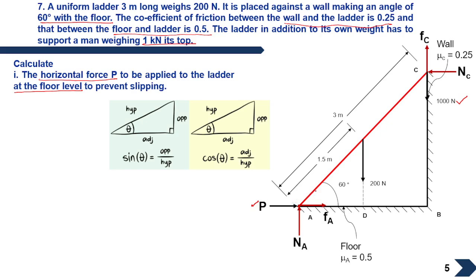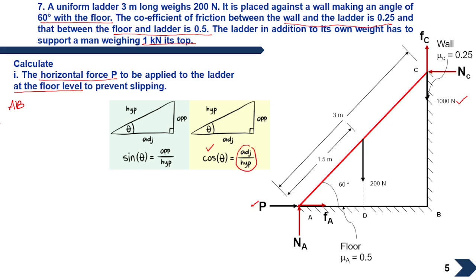Next you have to apply the basics of trigonometry to find some of the basic dimensions like BC, AB, AD, which will be helpful for you to solve the sum. So let us find AB first. AB is adjacent, so we can apply the formula cos theta equals adjacent by hypotenuse.